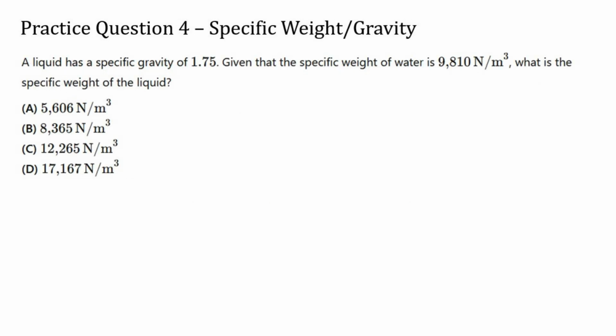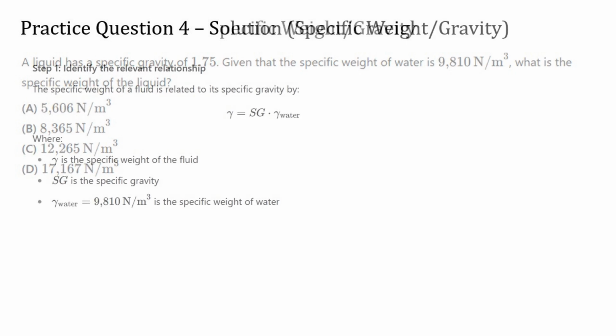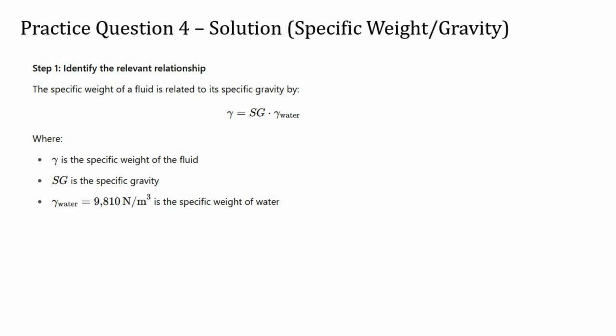Practice question 4. A liquid has a specific gravity of 1.75. Given that the specific weight of water is 9,810, what is the specific weight of the liquid? We begin by identifying the formula that relates these two quantities. The specific weight of a fluid is equal to its specific gravity multiplied by the specific weight of water.